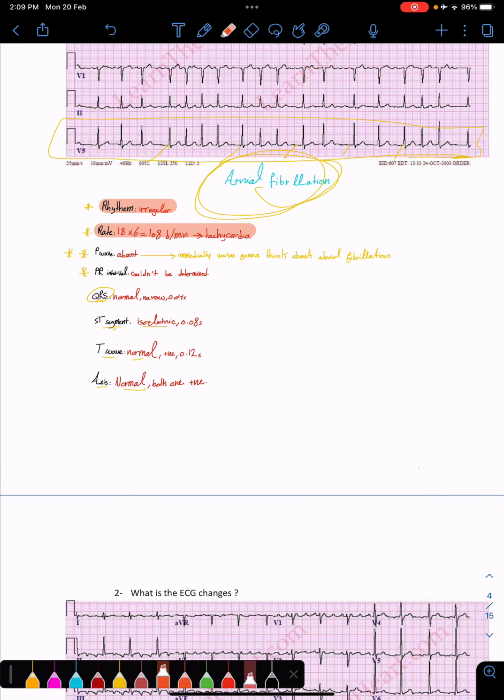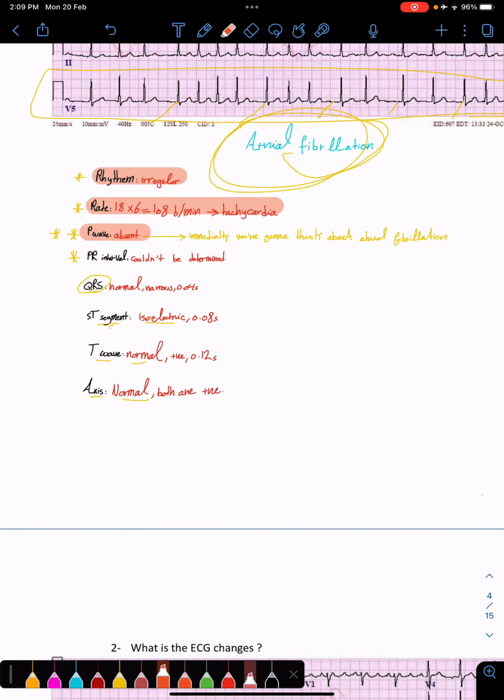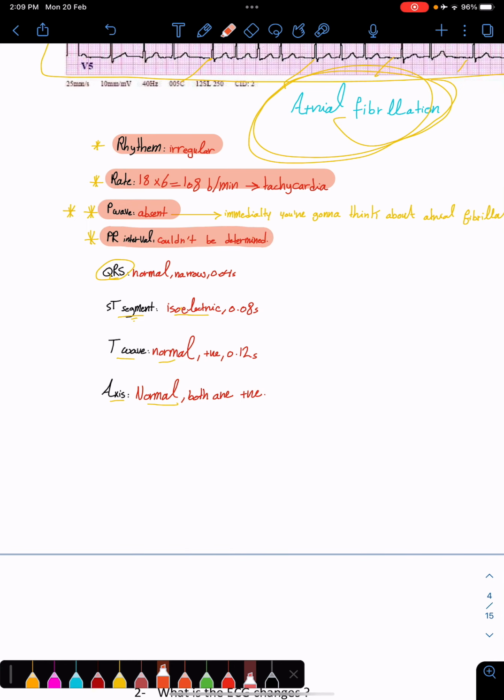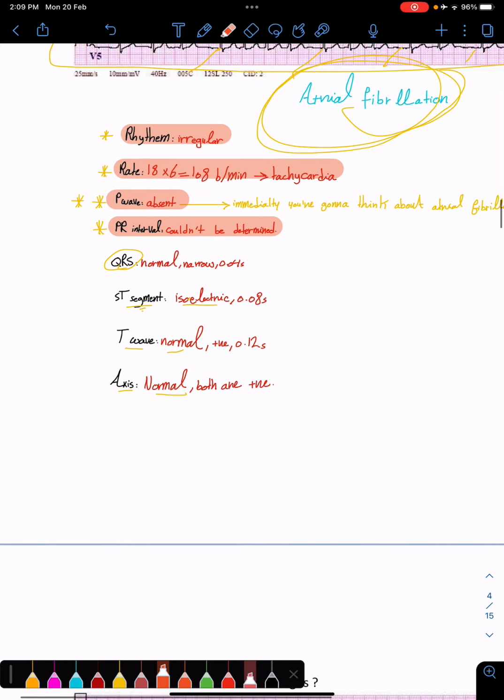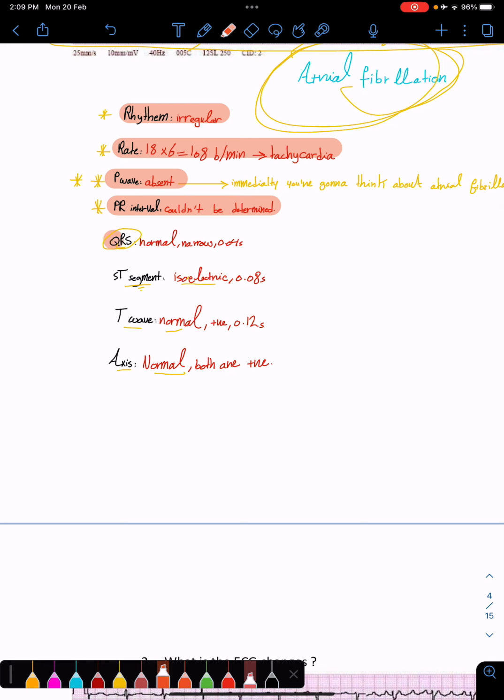So the P wave is going to be absent. The PR couldn't be determined because there's no P wave at all. The QRS is normal because the problem is basically the atrium, so the P wave doesn't exist.